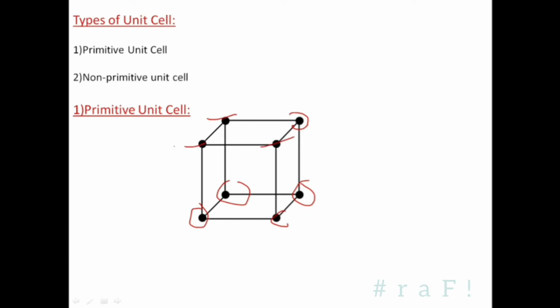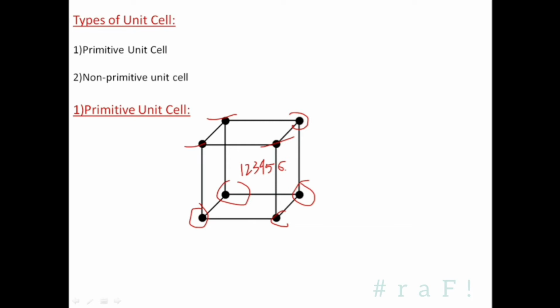There are 8 corners, and this unit cell has 6 faces. First one front, second one back, third one top, fourth one bottom, fifth one left side, and the last one is right side face. This cube has 8 corners and 6 faces.